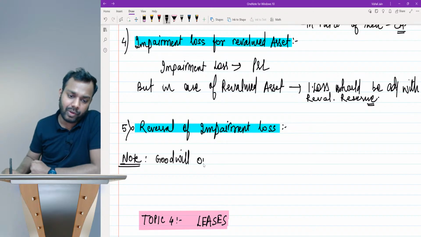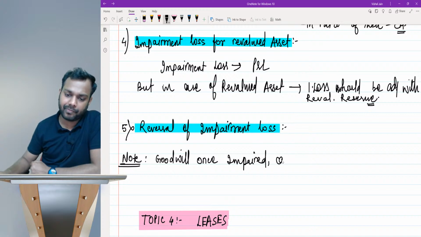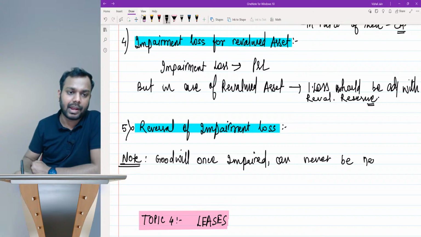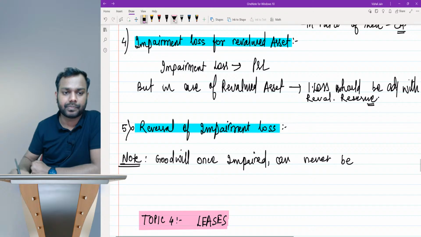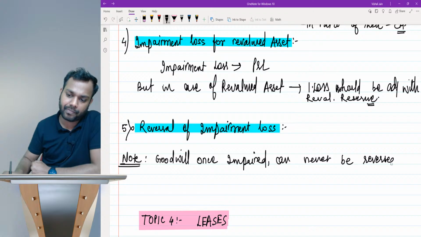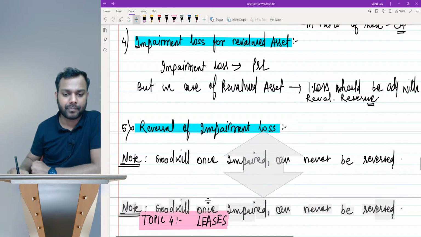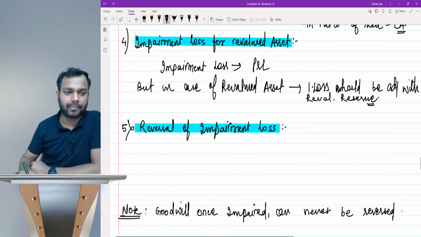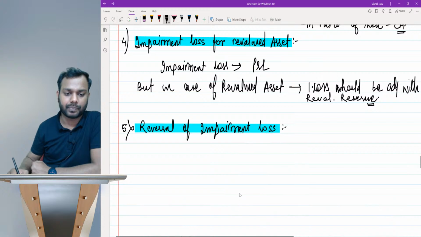Goodwill once impaired can never be reversed.